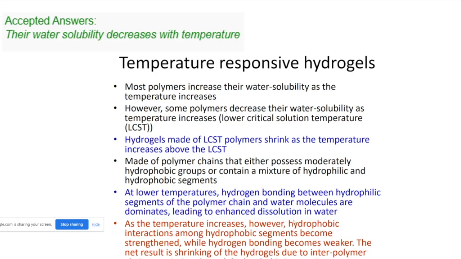Above this temperature, the hydrophobic interactions are more prevalent and hydrogen bonding becomes weaker, making them less dissolved in water at a temperature above the LCST. So their solubility decreases with increasing temperature because of increasing hydrophobic interactions.